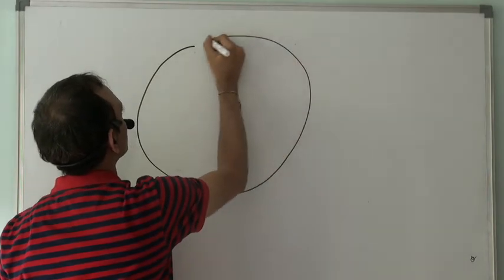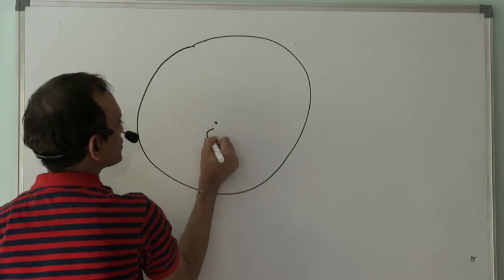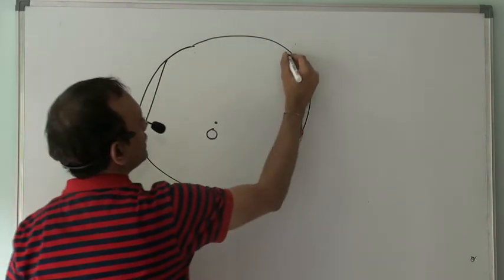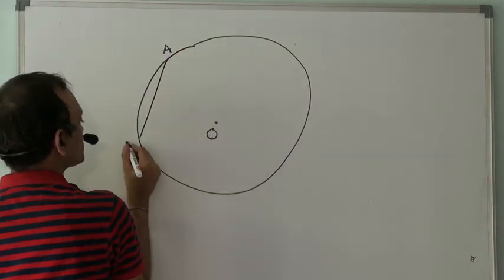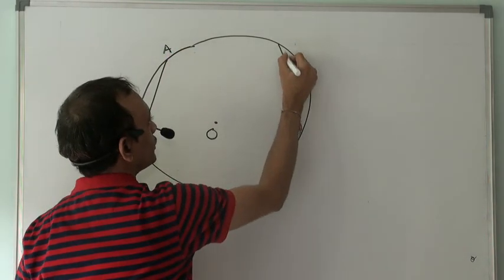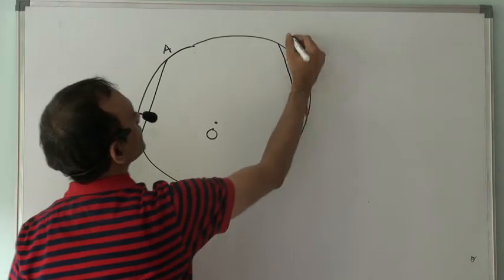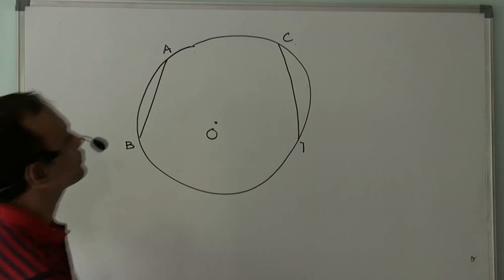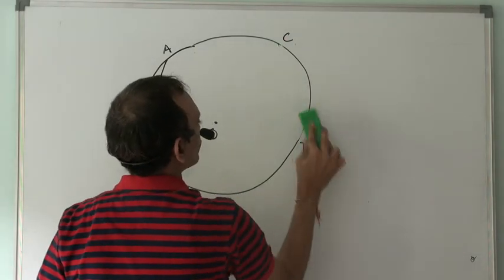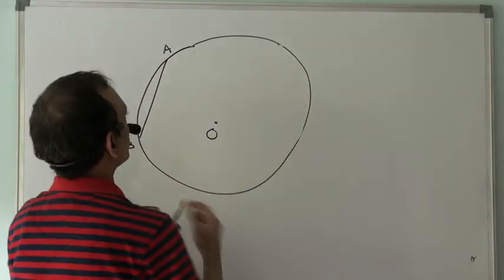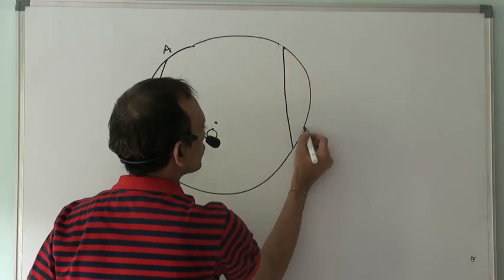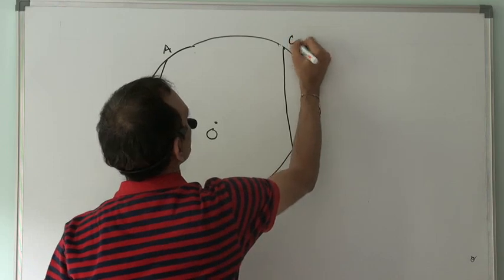Say this is a circle, center O of the circle, and we have a chord AB like this, and a chord CD like this, say. Let me just draw a better figure so that you know. If this looks any better.